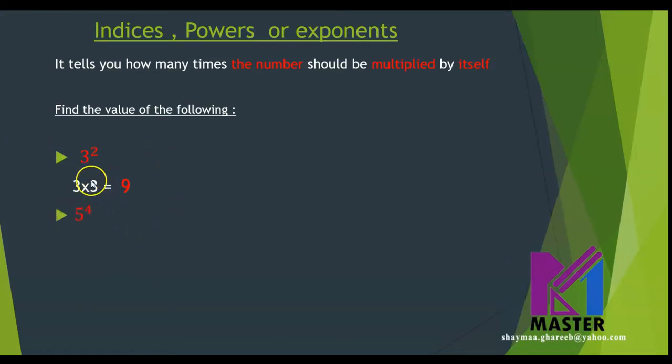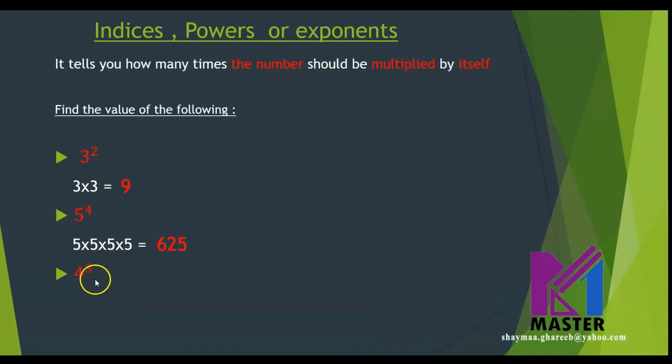Now let's see 5 to the power of 4. What does it mean? It means that this 5 is multiplied by itself 4 times. So 5 times 5 times 5 times 5, which is 625. Next example, 4 raised to the power of 3 means the 4 is multiplied by itself 3 times.